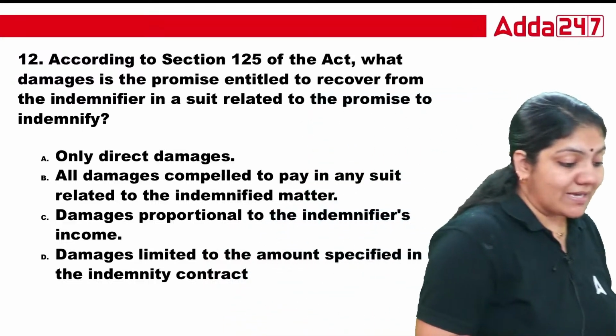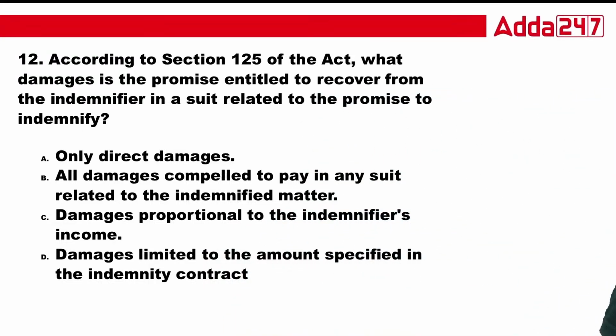Okay, so class, according to section 125 of the Act, what damages is the promisee entitled to recover from the indemnifier in a suit related to promise to indemnify? What is the right answer? Tell me. Only direct damage, all damages compelled to pay, damage proportional to indemnified income, or damages limited to the amount specified.